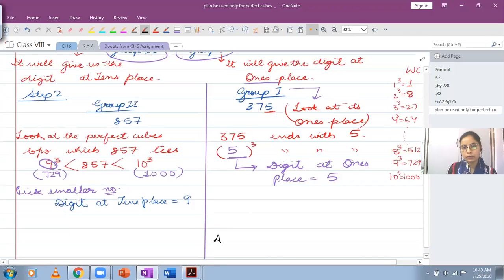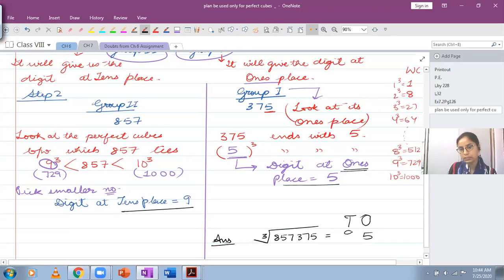So finally, you will give your answer that the cube root of the given number, which was 8,57,375, equals to. Now you want to write down the digit at ones place and tens place. So ones place पे हमारे पास 5 है और tens place पे हमारे पास 9 है.